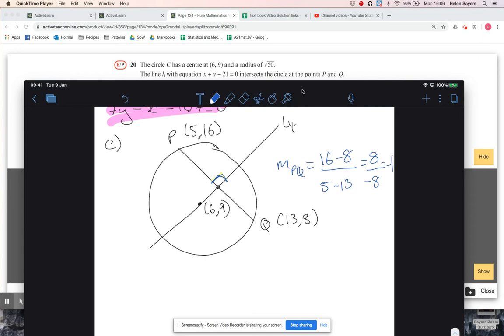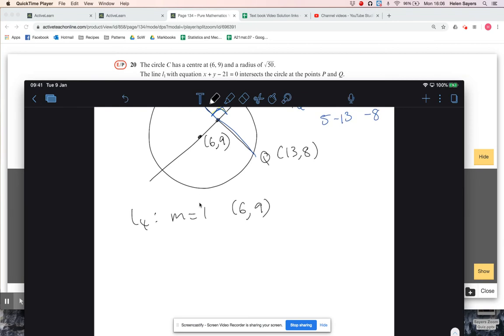So PQ has a gradient of -1, which would mean line 4 has a gradient of 1. If I hadn't picked up that it goes to the centre, I could just find the midpoint of PQ, but the perpendicular bisector of the chord PQ will go through the centre of the circle. So it will go through 6, 9. So we'll save a little bit of effort and just use that.